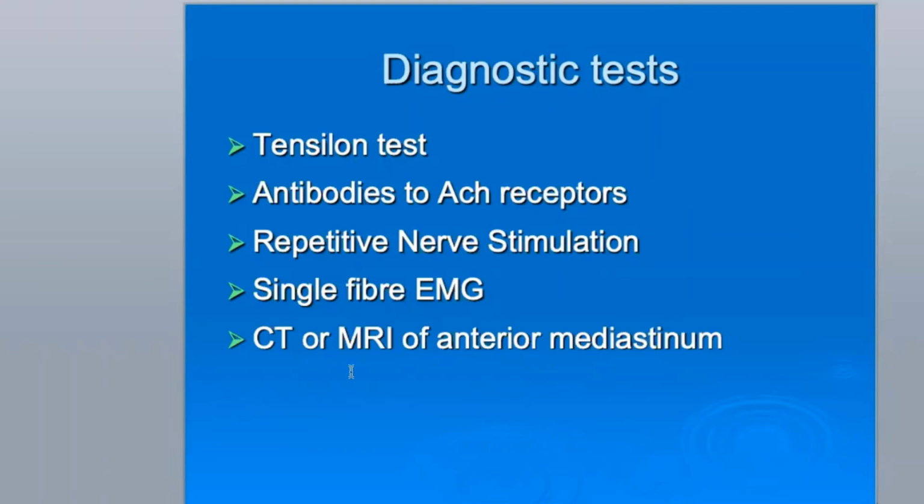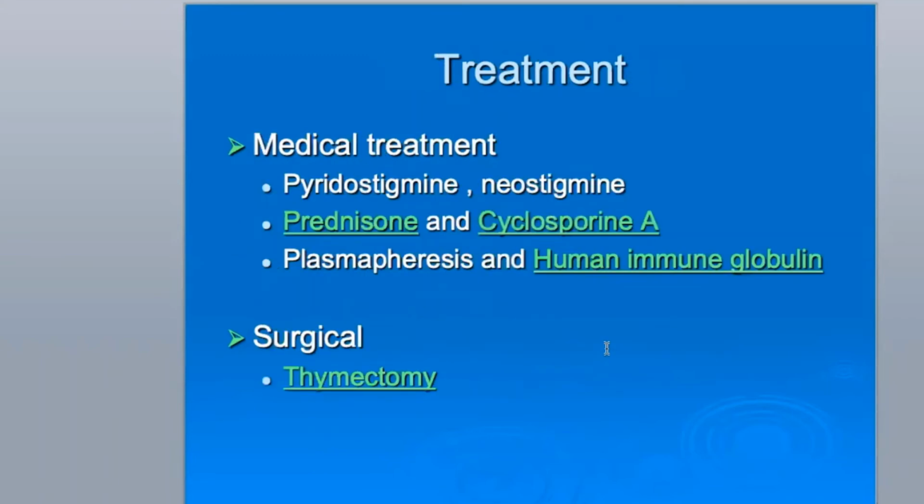So when you do a CT scan, you look for the thymus gland enlargement, yeah, behind the mediastinum. Treatment-wise, we give them pyridostigmine, neostigmine. Because it's an autoimmune disease, we just give them prednisolone as well, or cyclosporine. Sometimes it's very bad, you might give them plasmapheresis. And surgical-wise, if there's an enlargement, we will do a thymectomy, yeah.